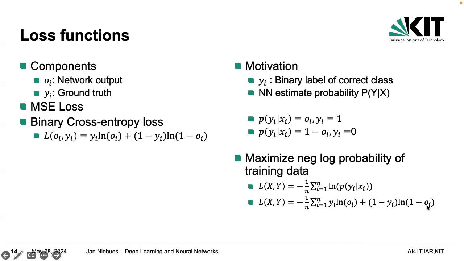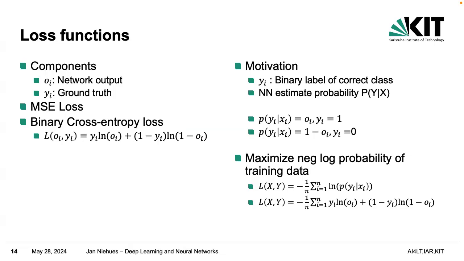So if you take this formula in there, that's exactly what you're doing. You're just optimizing the probability up there. And depending on whether the label is 1 or 0, you take either the output or 1 minus the output. This of course only makes sense if o_i is really a probability, so the value should be between 0 and 1.